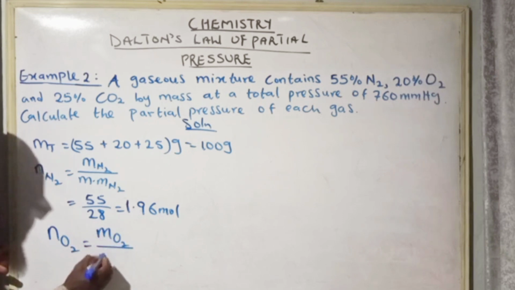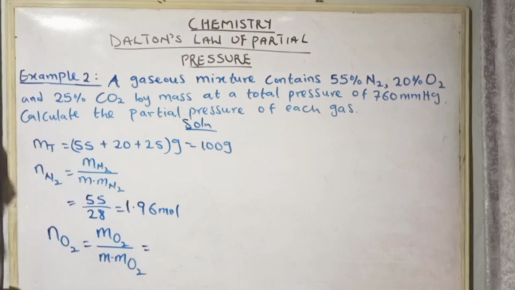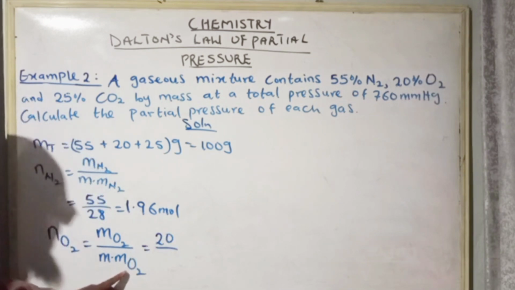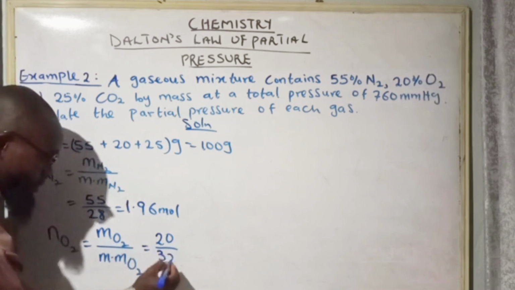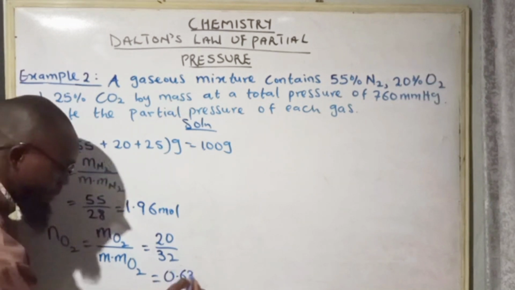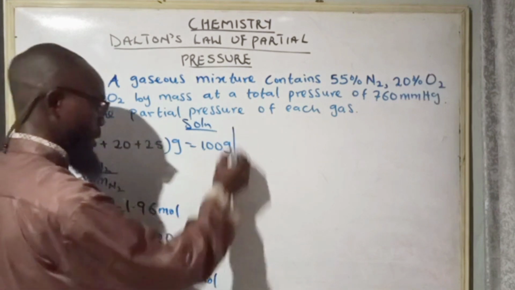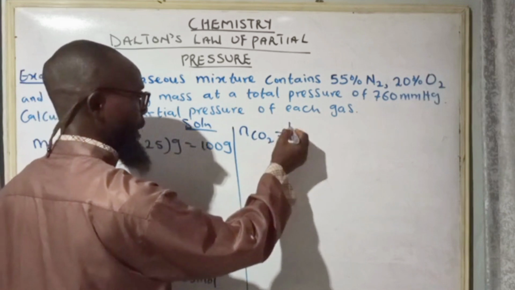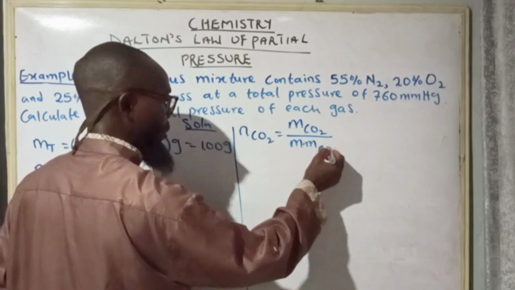Likewise, for the other gas, oxygen, the number of moles of oxygen will equal the mass of oxygen divided by the molar mass of oxygen. The mass of oxygen here is 20, and the atomic mass of oxygen is 16 multiplied by 2, we have 32. So when we divide it, we have 0.63 mole. Now move on to the last one, the number of moles of carbon dioxide, which equals the mass of carbon dioxide divided by the molar mass of carbon dioxide.